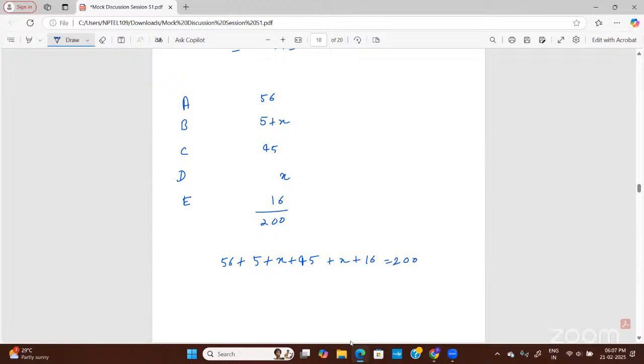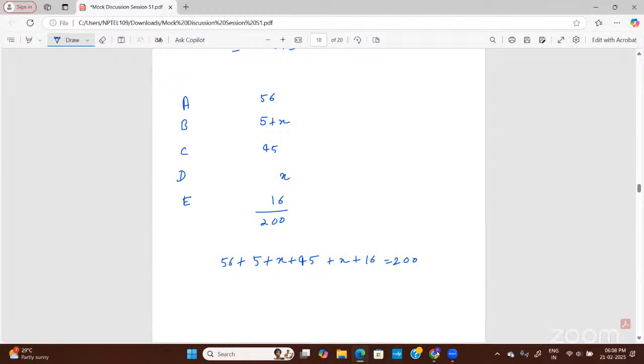No, ma'am. B is 5 and D is 5 plus X. First, we have to assume X and Y, like 56 by T, 5 plus T by T, X by T and Y by T, and 16 by T, then equal to 200, then we get the values of X and Y. Why?